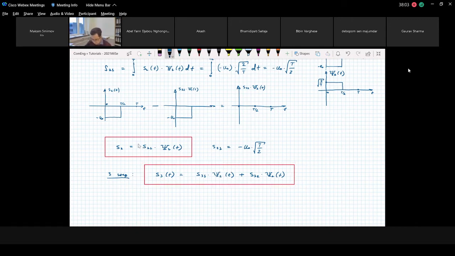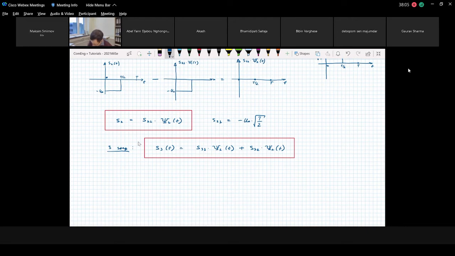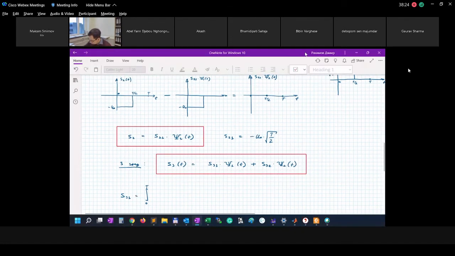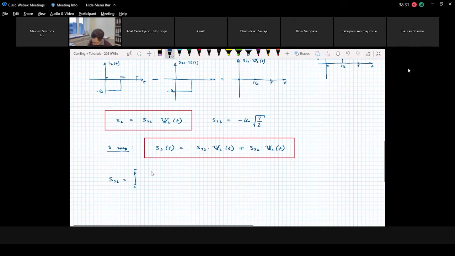So as before, we need to find the corresponding cross-correlation scalar S31 between the third signal and the first basis function. So we have the integral of S3 of t times psi1 of t times dt.